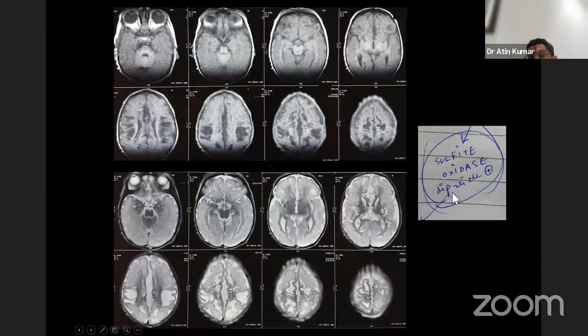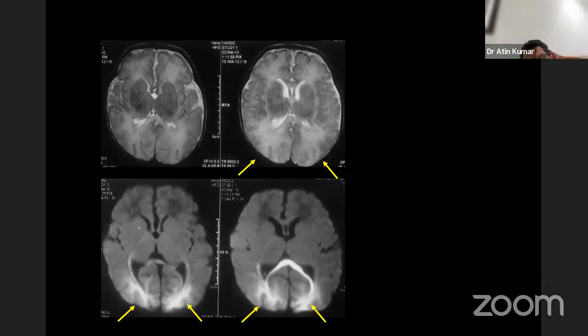And this was a classical appearance in a child who had a sulfite oxidase dipstick test which was positive in this case. Okay, let's look at some other pattern.